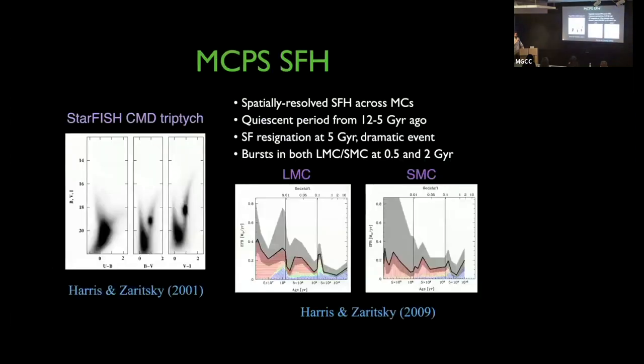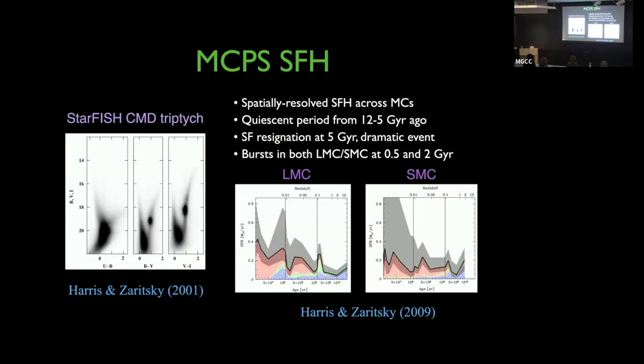Jason developed the StarFISH CMD code that was able to fit the star formation histories to all of the different combinations together. There are some beautiful maps of the global star formation histories of the LMC and SMC that I won't have time to show.